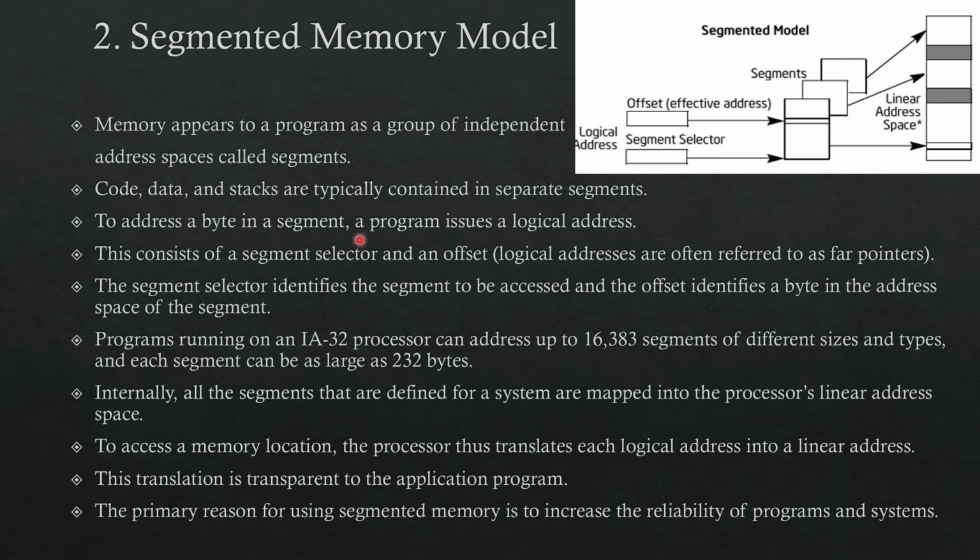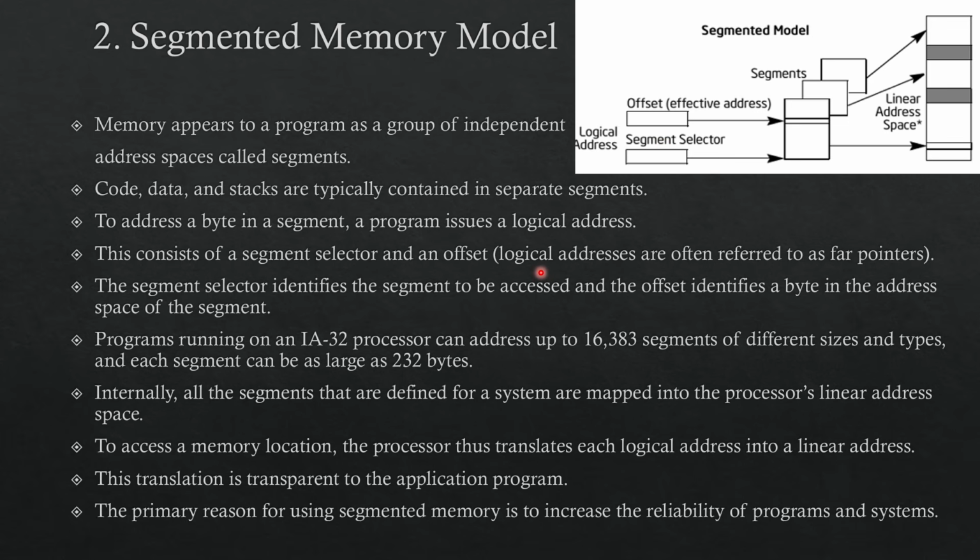To address a byte in a segment, a program issues a logical address. A programmer will issue a logical address in order to access a particular address from the segment. This logical address consists of a segment selector as well as an offset.